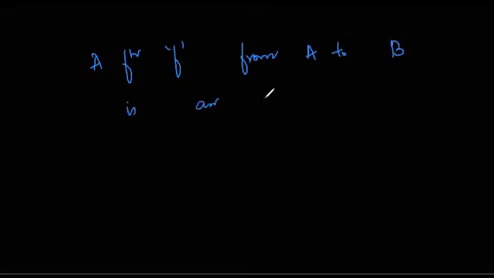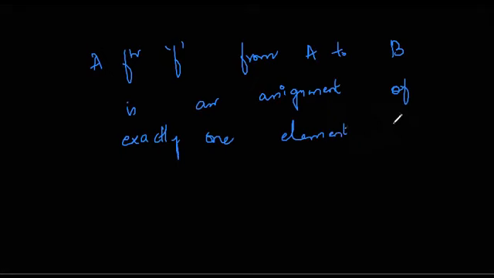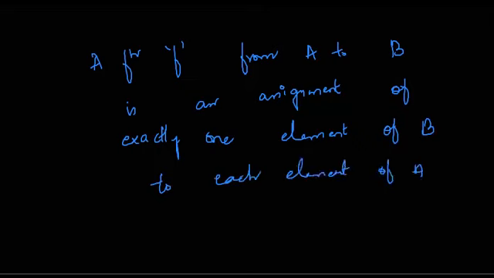Whenever we are using sets, if A and B are non-empty sets, a function f from A to B is an assignment of exactly one element of B to each element of A. This can be denoted by this example.